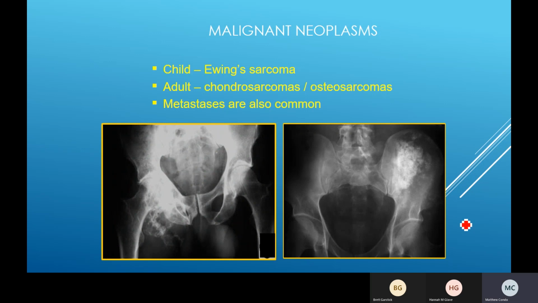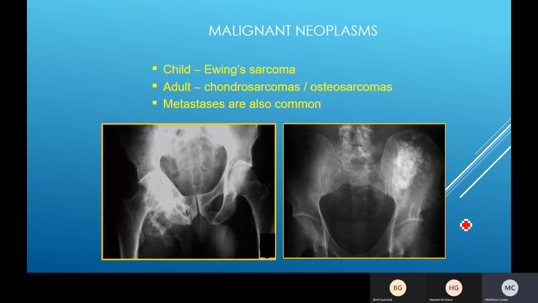They do happen in children, not a ton, but they do happen. And then in adults, we're not necessarily going to see a Ewing sarcoma. We're going to see something called a chondrosarcoma or osteosarcoma. And as you can see from the x-ray, we have an increased area of bone density on the left side of the ilium.